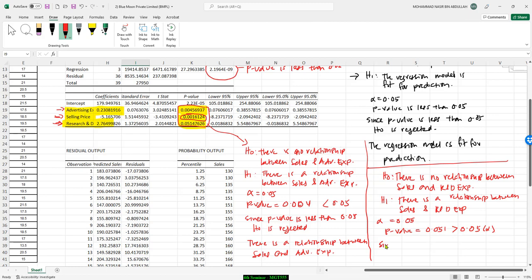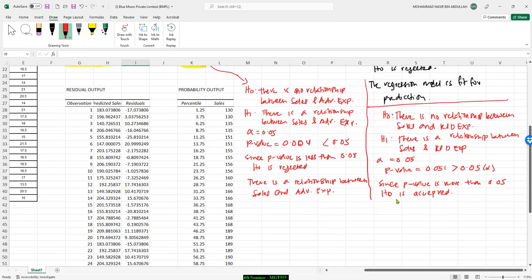So since the p-value is more than 0.05, the null hypothesis is accepted. So we can conclude that there is no relationship between sales and R&D expenditure.